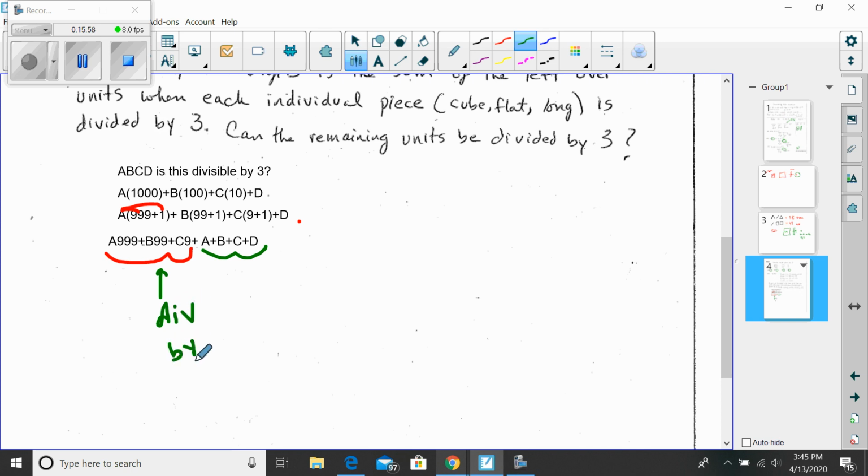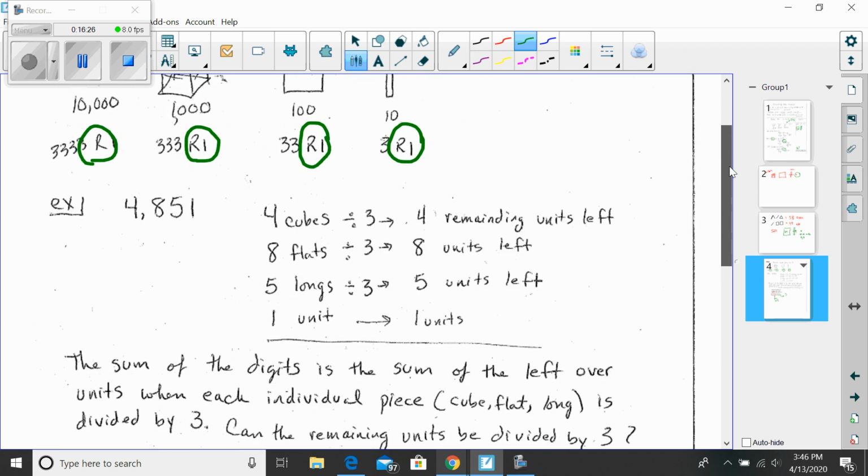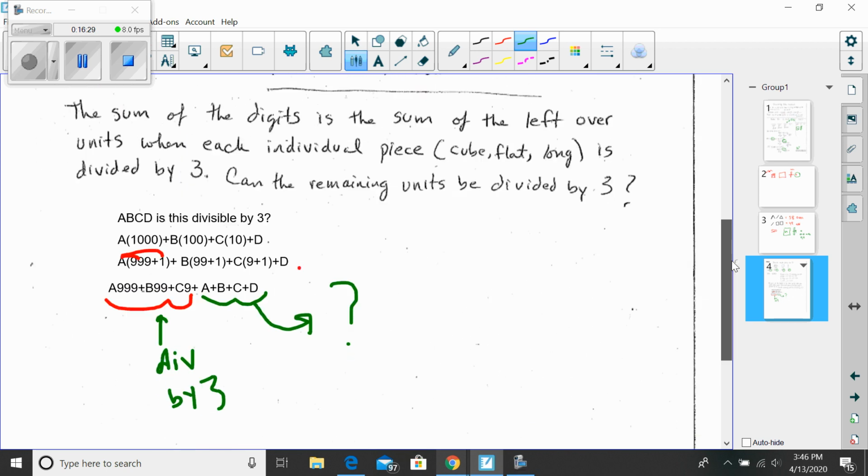And what would happen if I took my long, because again, I'm trying to find a divisibility rule for 2 in base 5. If I took my long and divided it in half, I'd have remainder 1. And then if I took my flat and I divided it in half, I'd have remainder 1.